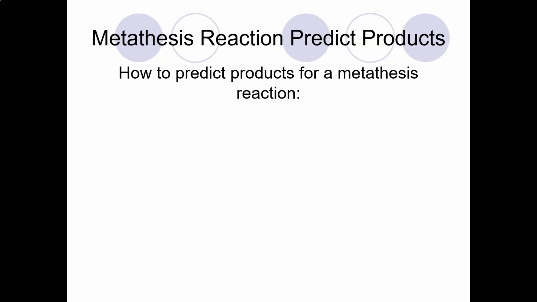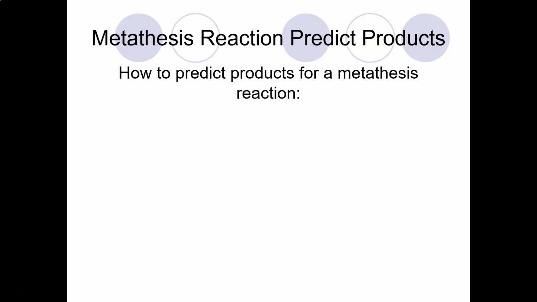Like the combustion reaction, I can tell you what chemical we're burning, and I expected that you could write the balanced chemical equation for it. The combination reaction, if I told you what 2 elements we're combining, you could predict the product and then balance it. So with metathesis reactions, it's just another one where it's fair for me to give you part of the information and expect you to tell me the entire balanced chemical equation.